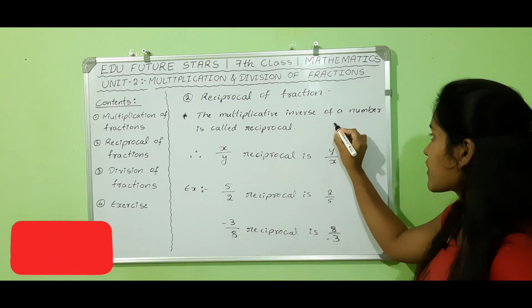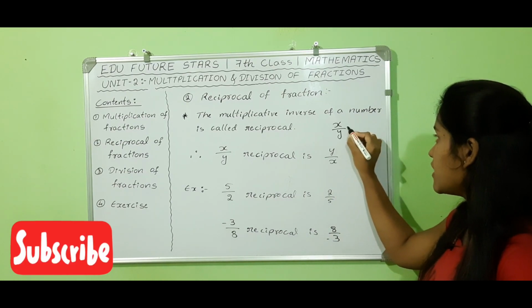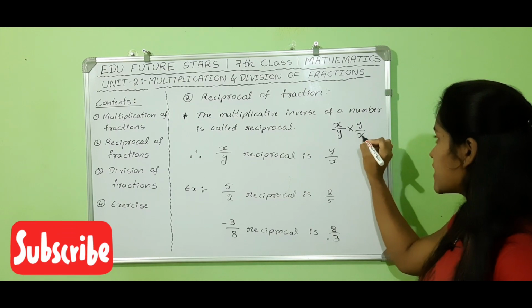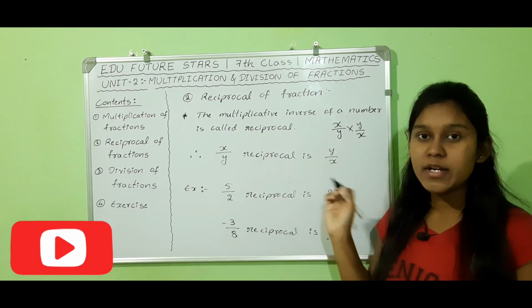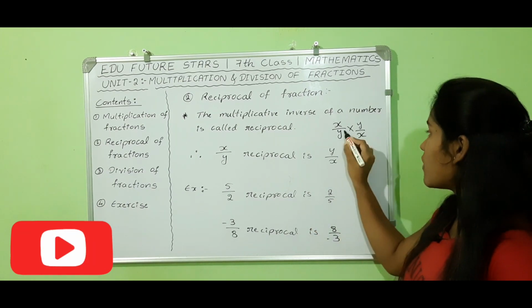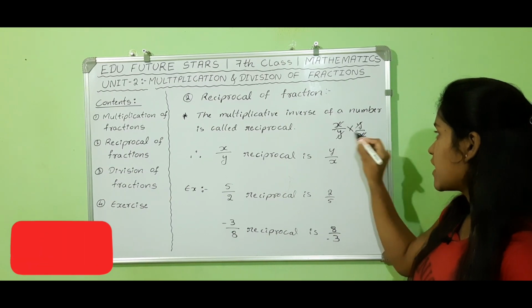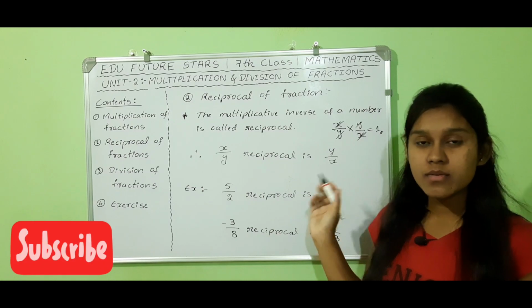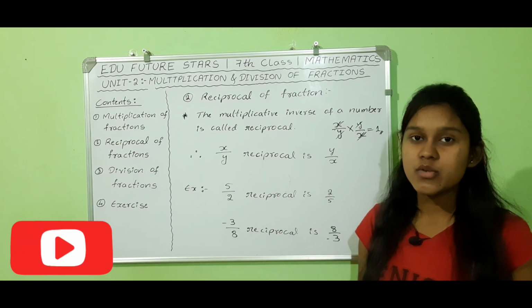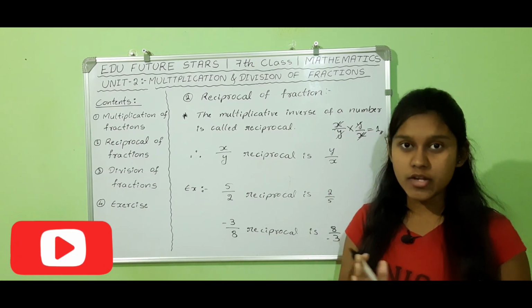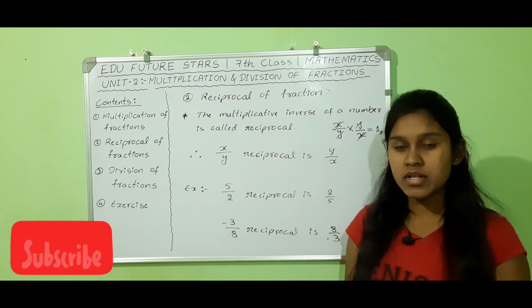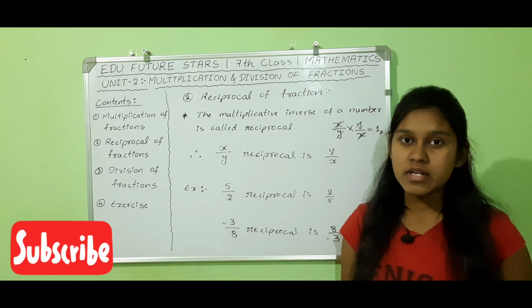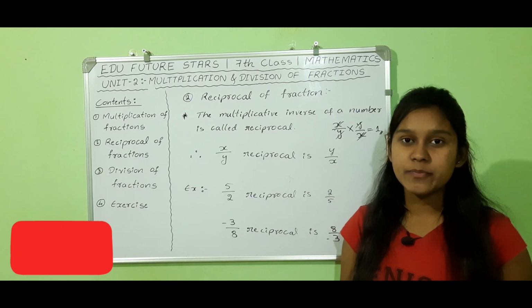Let's see, x by y into y by x. What is the result when we multiply these two? Y gets cancelled, x and x get cancelled, we will get 1 as the result. Getting it? So this is called reciprocal. When we multiply the actual number and its reciprocal, we should get 1. Then only we can call it a reciprocal, right?